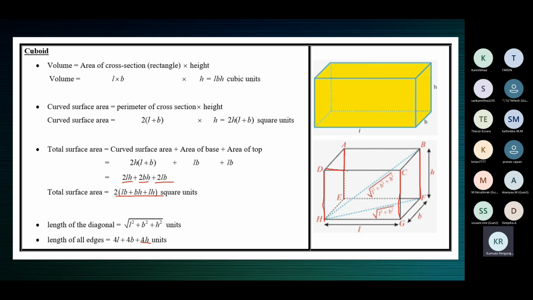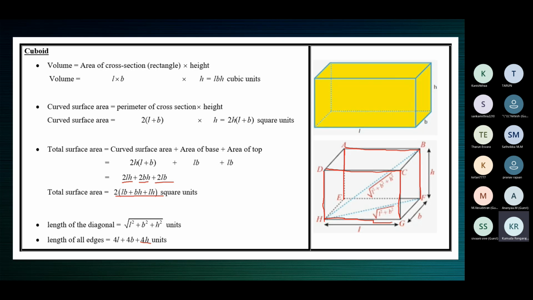These are the 4 edges along the length. 1, 2, 3, 4. So 4 edges along the length and 4 edges along the breadth. 1, 2, 3, 4.